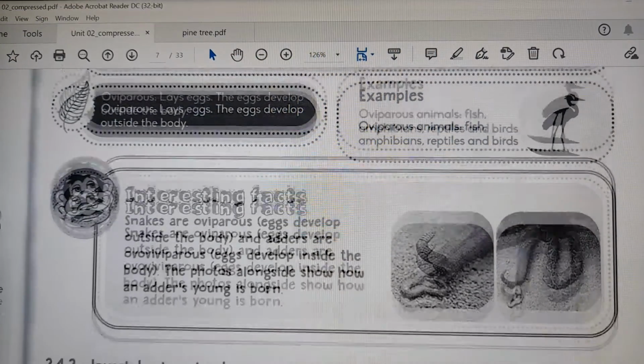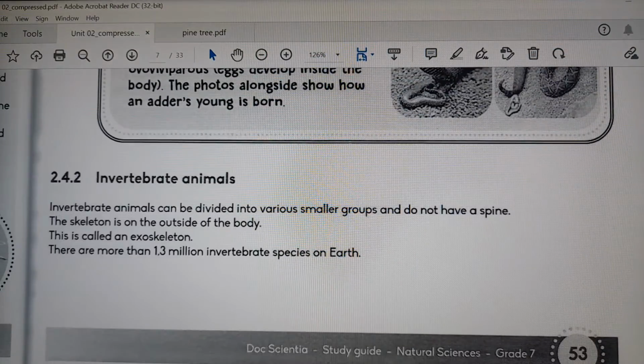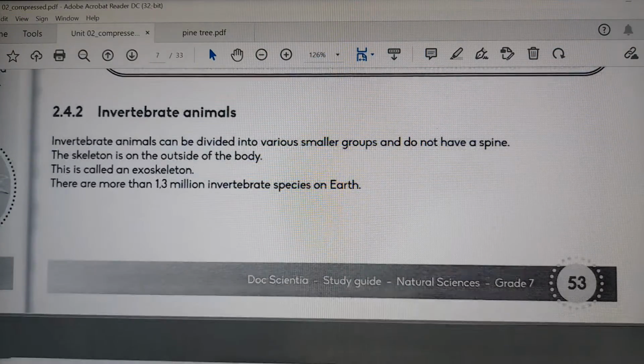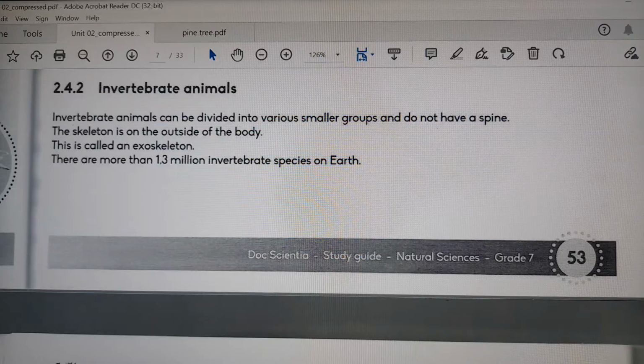So now we can look into the invertebrate animals. I just wanted to explain those new terms under vertebrate animals. Let's continue with invertebrate animals. Invertebrate animals can be divided into various smaller groups and do not have a spine.